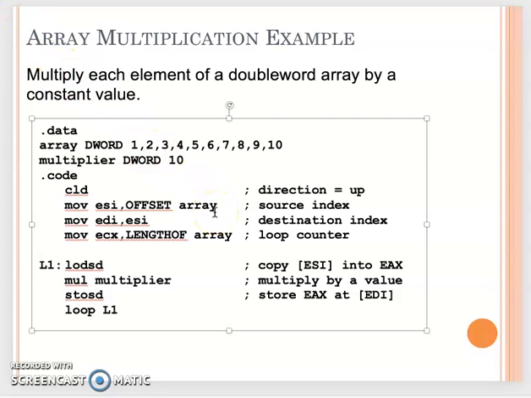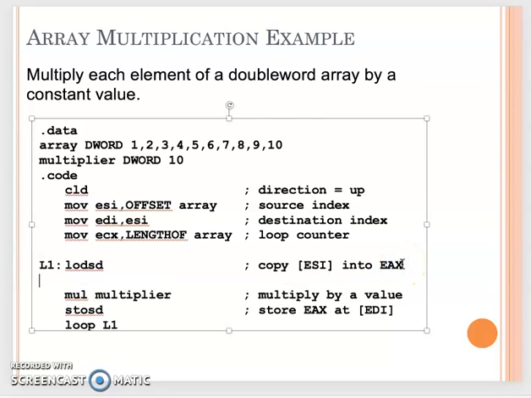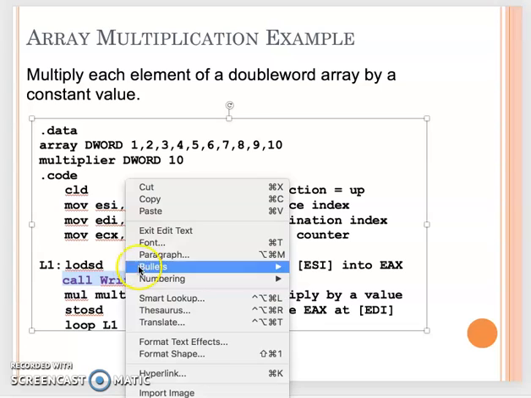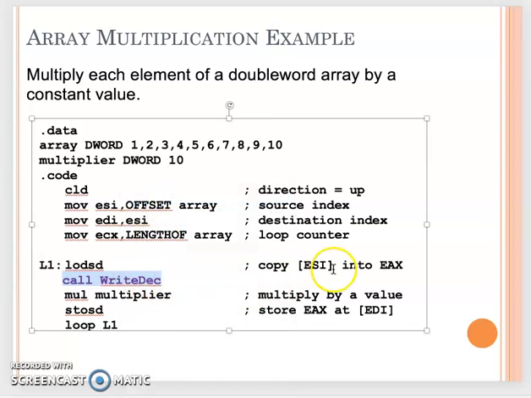So what should I display to really show my array data, like the times table changing? The first thing is, after we load, we can display EAX, so here we can call WriteDec. That way, when we read from the array one by one, we can display it on the console.